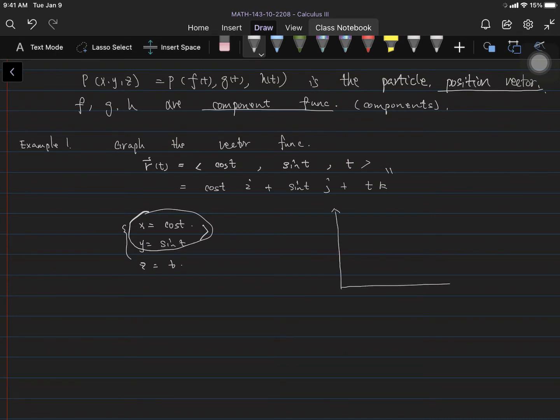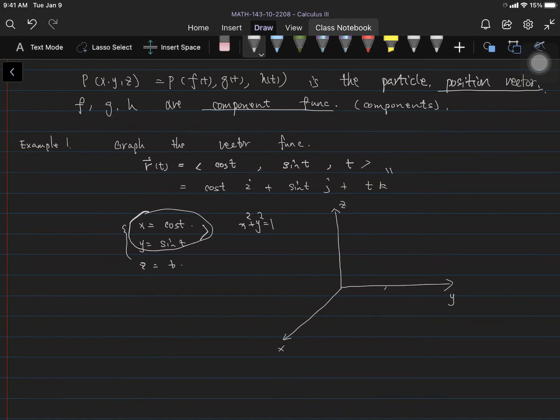That means in the xy plane, right now we just don't think about z, you can think of when z equals 0. So xy should satisfy a circle, right? x squared plus y squared equals 1, okay?